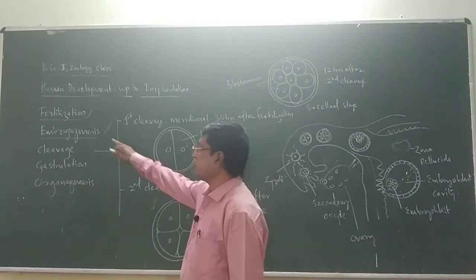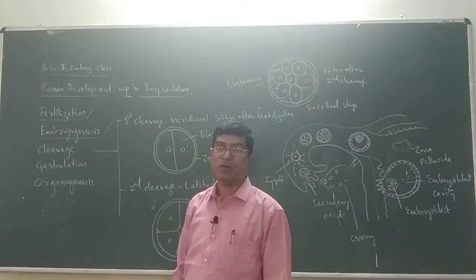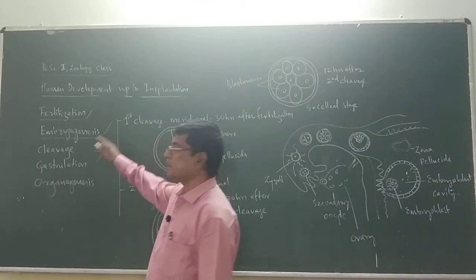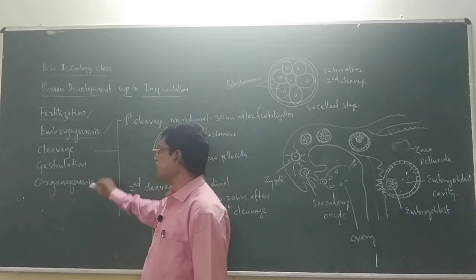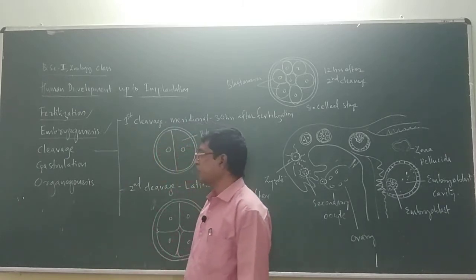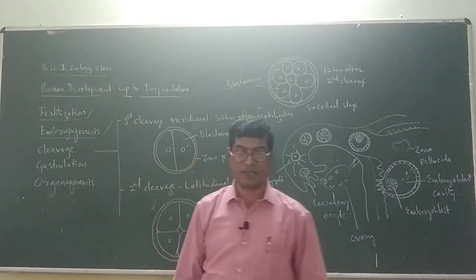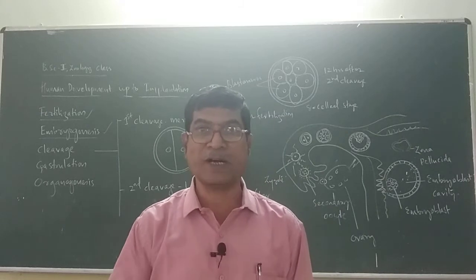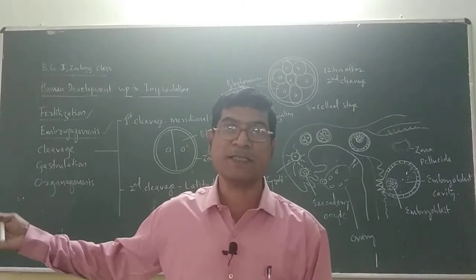That is called embryogenesis or embryo development. Embryogenesis completes in three stages: cleavage, gastrulation, and organogenesis. These are the three stages of embryogenesis, during the development of the embryo from the fertilized egg.